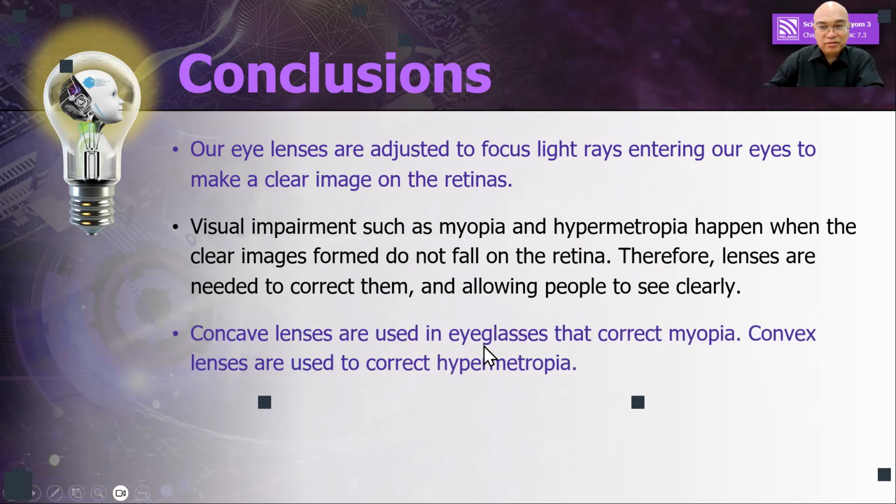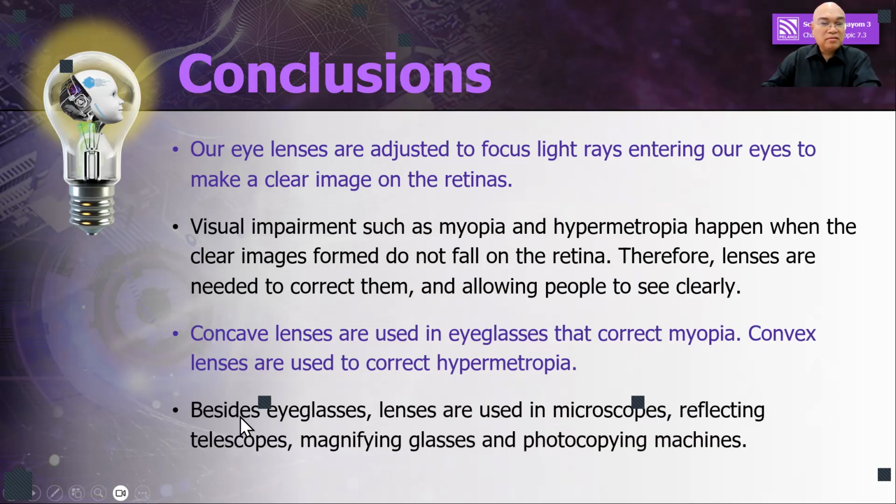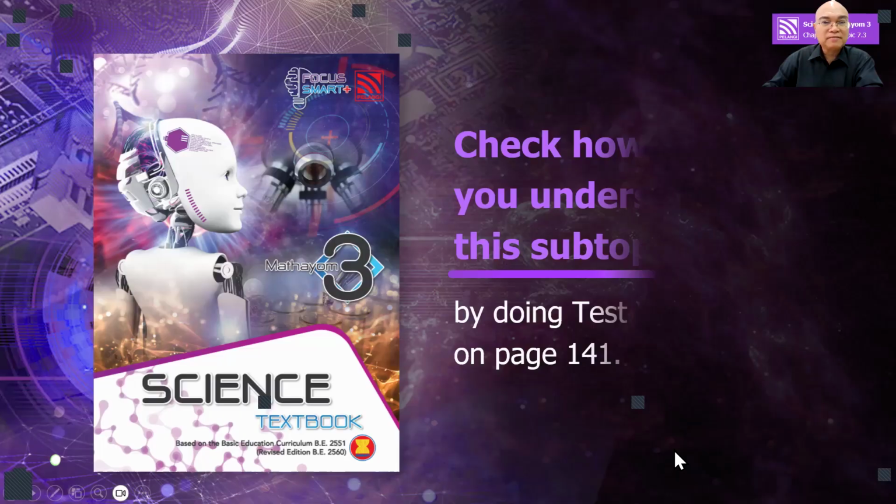Concave lenses are used in eyeglasses that correct myopia. Convex lenses are used to correct hypermetropia. Besides eyeglasses, lenses are used in microscopes, reflecting telescopes, magnifying glasses, and photocopying machines.